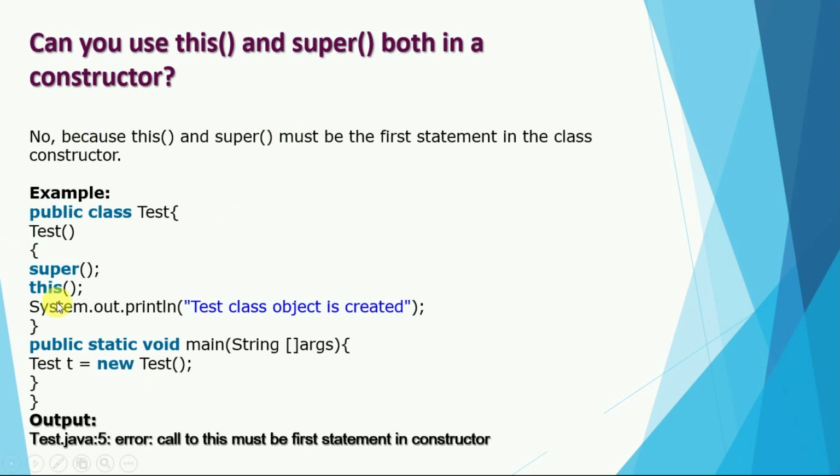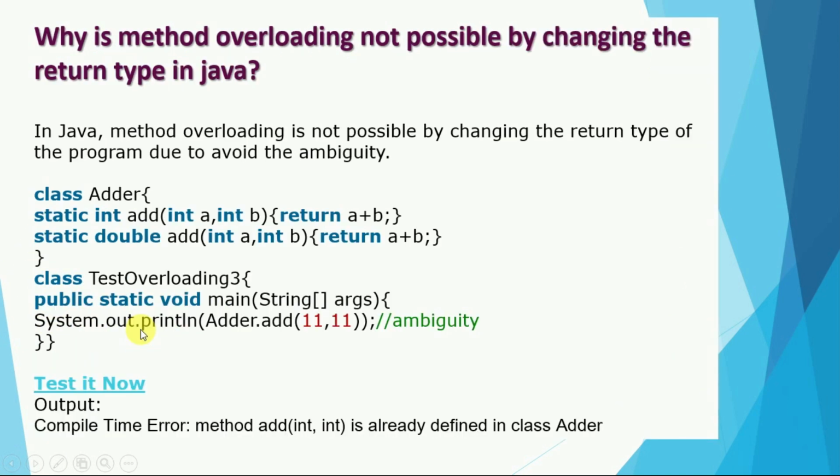As we can see in this example, we have a class named Test and a constructor Test, and we are trying to use both super and this, and then a printing statement "test class object created". In the main method, when we create an object and call this constructor, it will throw an error: call to this must be the first statement in constructor, because this in this program is the second statement. Okay, that's why it will throw an error.